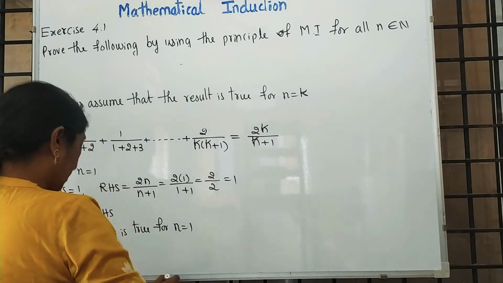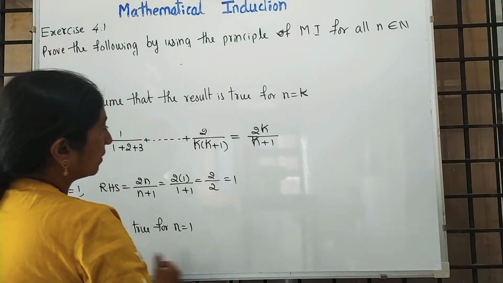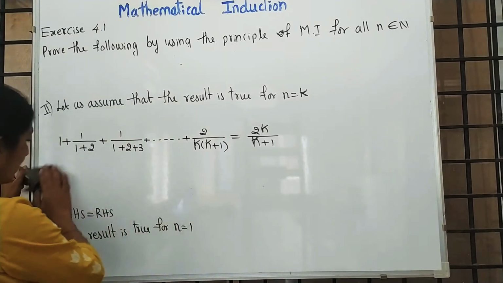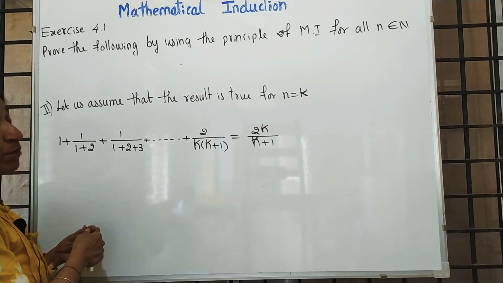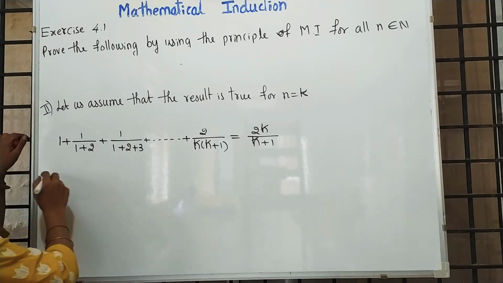Wherever n is there, we are writing it as k. Now third step, adding the k plus 1th term. I already explained the concept, now also I will explain that.